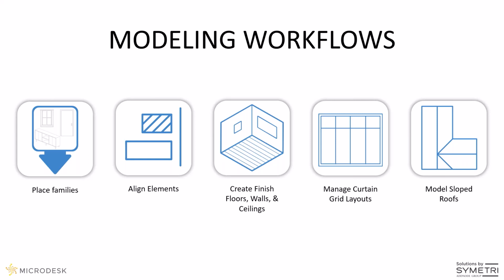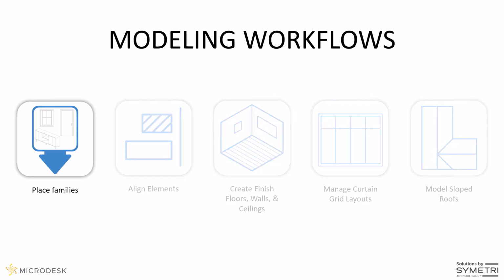Then we're going to look at aligning different elements, specifically aligning walls, and then aligning other elements to surfaces. Then we're going to look at creating different finishes for our rooms, then managing curtain grid layouts. Lastly, we're going to look at modeling some sloped roofs.